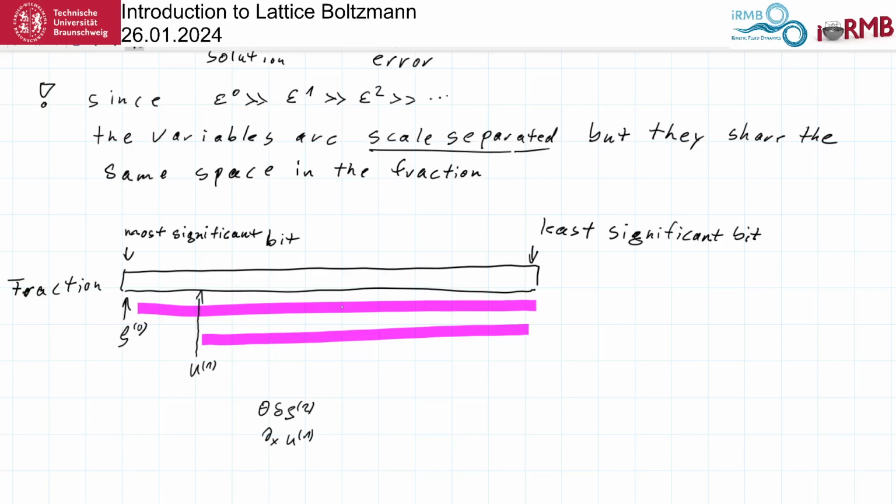So the equilibrium second moment is this thing up here, and the non-equilibrium second moment has the same order, okay? And they must be roughly, asymptotically speaking, as far distant from U as U is distant from rho, right? So then that would be roughly here, and this means that the available amount of bits for storing this looks like this.